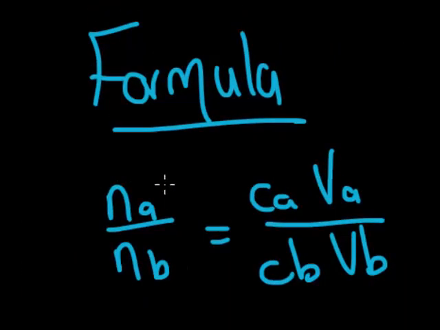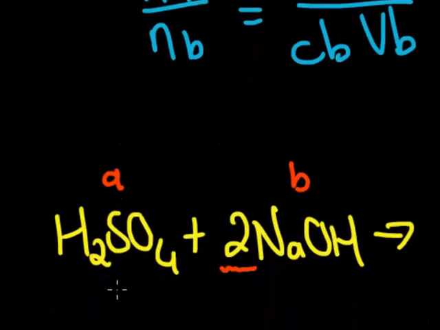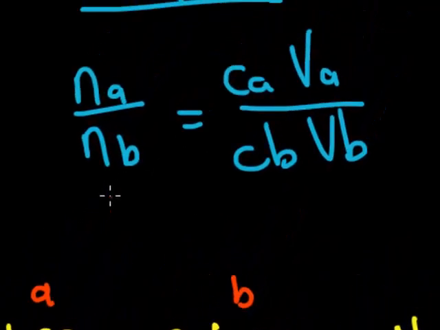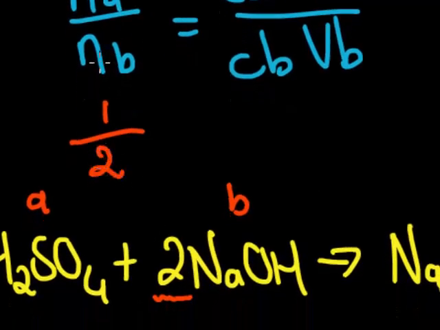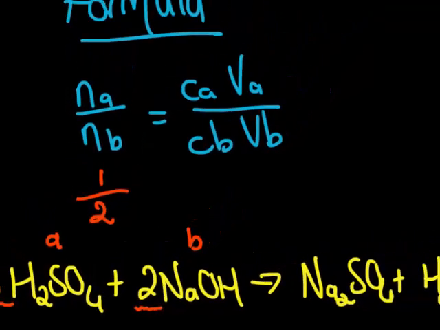And that means when we take a look at these mole numbers Na and Nb, we're going to take a look at the mole ratios in the front of these acids and bases. In front of my acid there's nothing, and that basically indicates a 1. So it's going to be 1 over, and then in front of my base though there's a 2. So it means we're going to have a 2 for Nb. So our Na over Nb is actually in this case going to be 1 over 2.